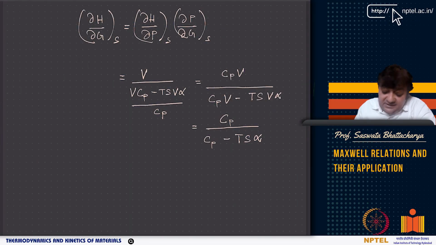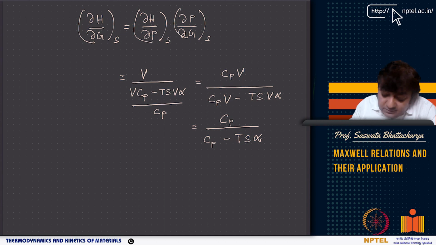Now as you can see, del H del G at constant S is nothing but del H del P and del P del G at constant S. This is basically the chain rule. Now you are using del H del P, which is V, times the inverse of del G del P at constant S, right? So this is V by V Cp minus T S V alpha by Cp, which is Cp V by Cp V minus T S V alpha.